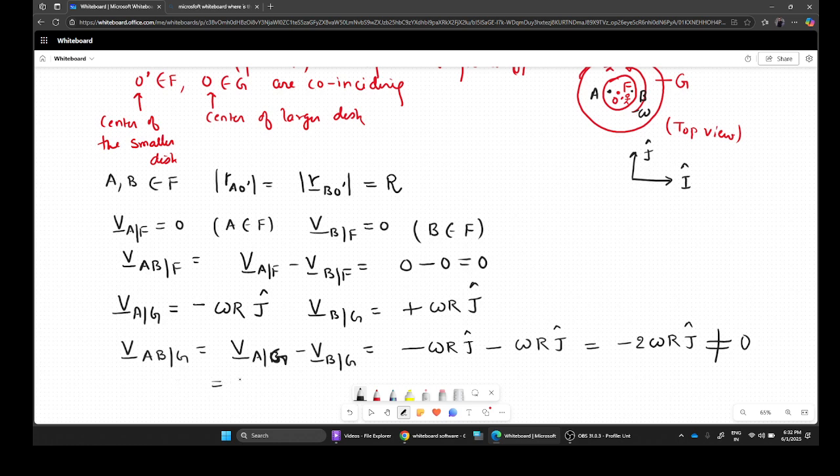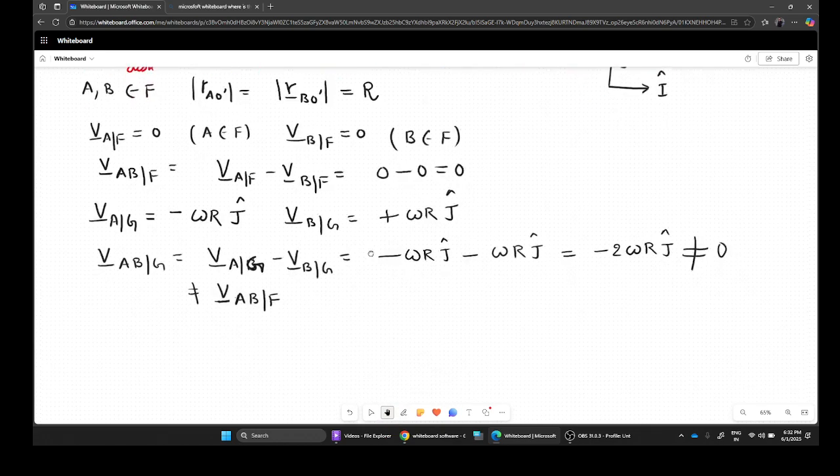Thus I have shown a case in which the velocity of A relative to B with respect to two frames is entirely different.